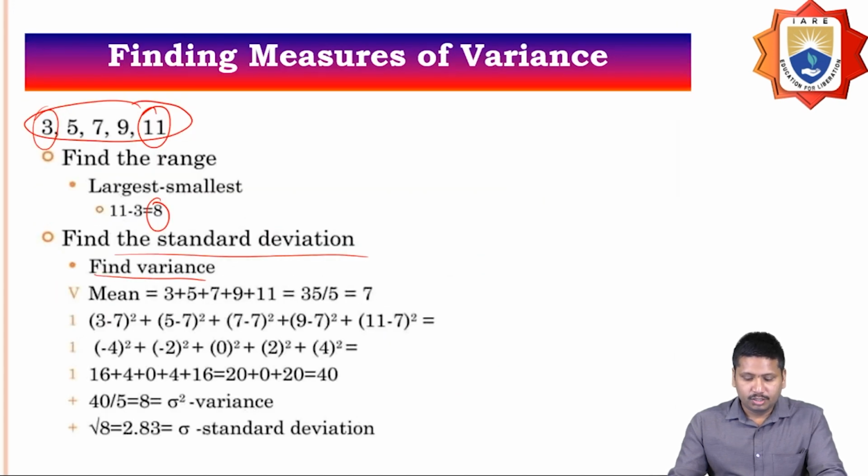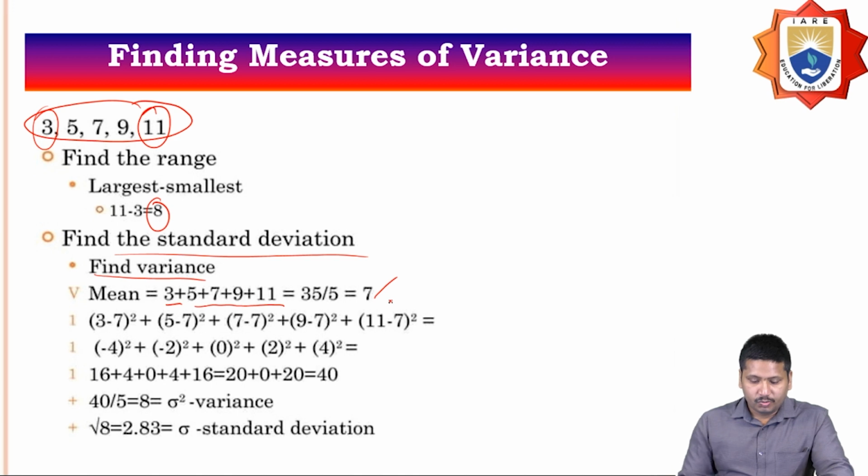First calculate the mean: 3 plus 5 plus 7 plus 9 plus 11. And from each value, 3 minus 7 whole square, that is the mean value, and 5 minus 7 whole square, 7 minus mean. The mean value is 7, right?